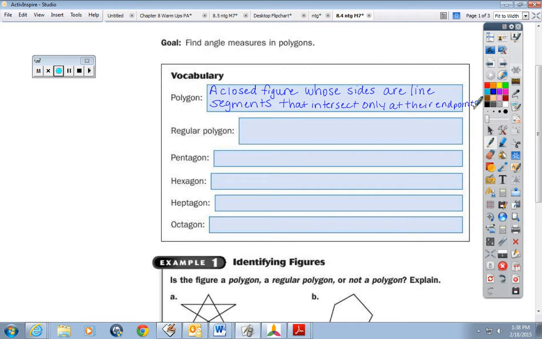A regular polygon, as opposed to not a regular polygon.